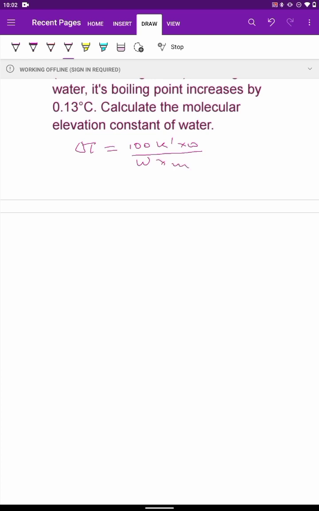So from here we get K dash by cross multiplying: K dash is equal to delta T into W into M divided by 100 into w.